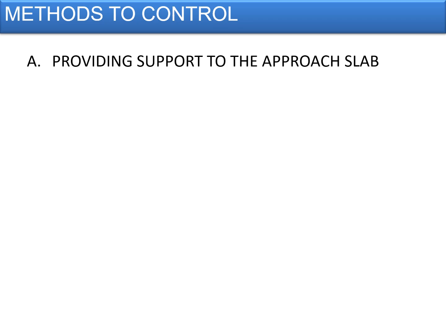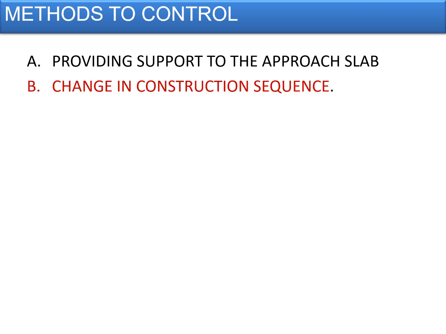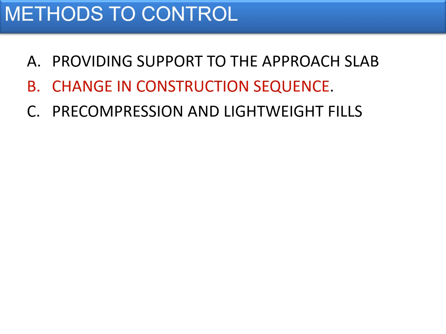Methods to control the settlement of approach slabs are providing support to the approach slab at the free end, which has been discussed in part 1 of how to control the settlement of approach slabs, or by changing the construction sequence or pre-compression and lightweight materials filling the area behind the structures.